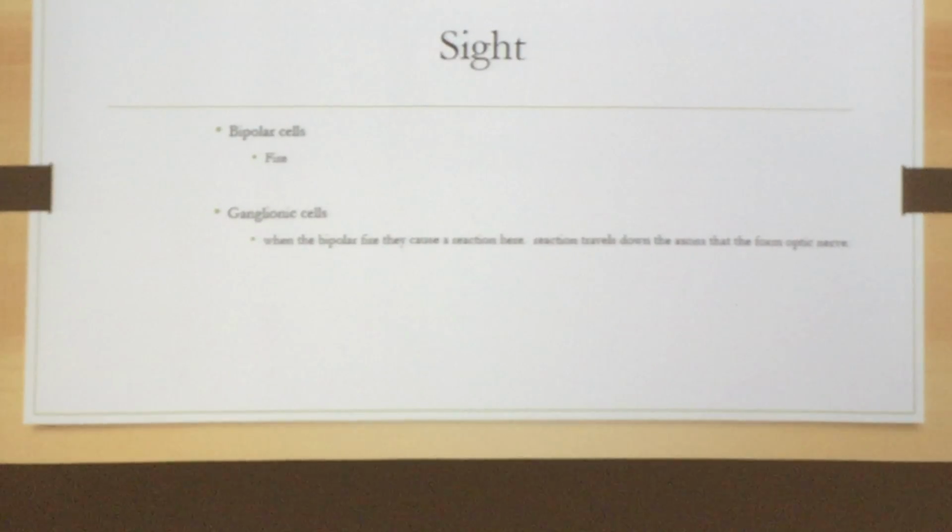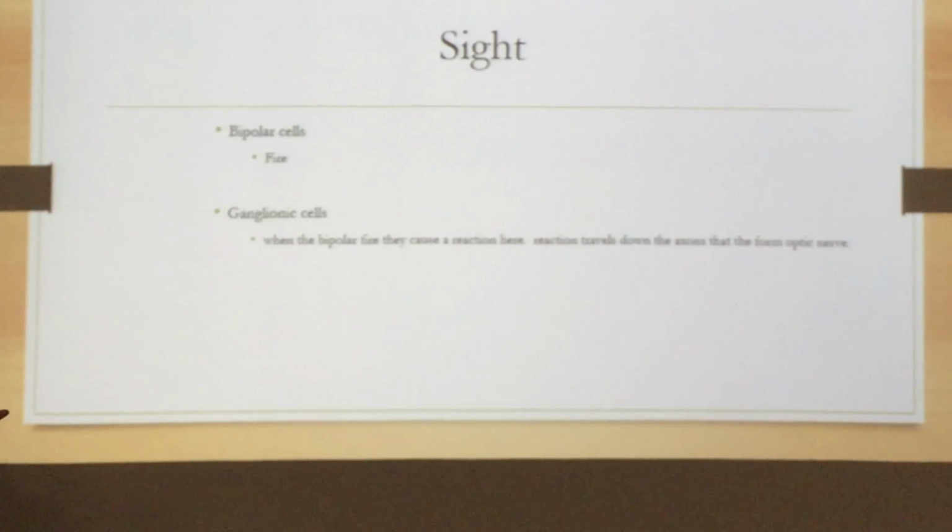Next, we're going to go through the bipolar cell layer. Now, before anybody even thinks about it, this has nothing to do with bipolar disorder. Okay? I've had that question many times. It's a great question. But it has nothing to do with bipolar disorder, the mental disorder. All right? These bipolar cells fire.